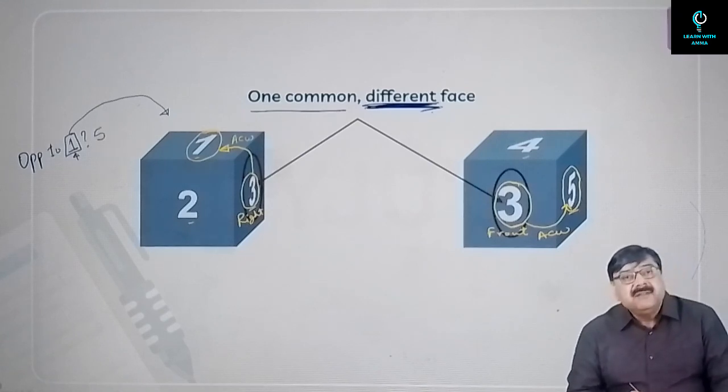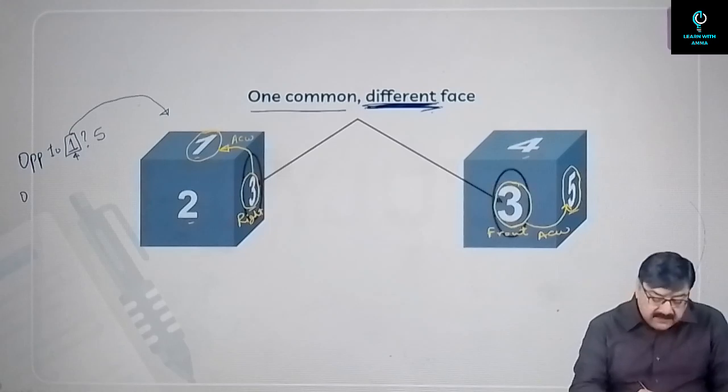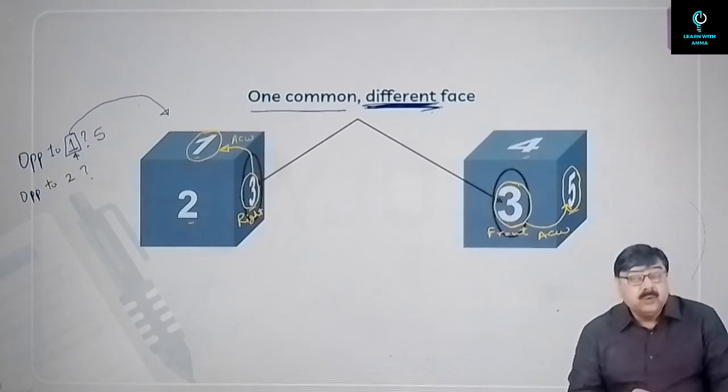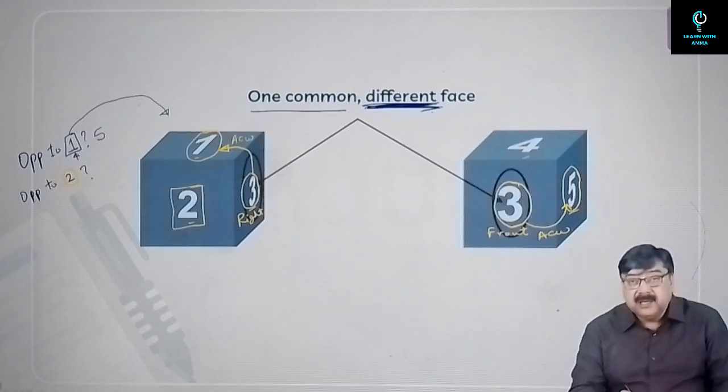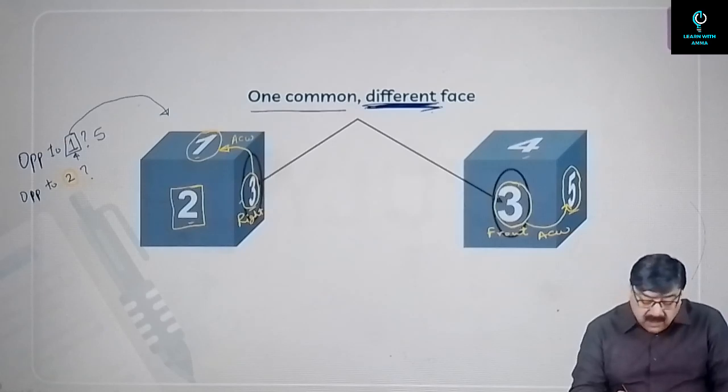So which number is opposite to 1? It is 5. Now similarly, if the question would have been which number is opposite to 2, what should we do? We will go to that diagram which has this number 2 written on it, and that is this diagram. That is the number which is mentioned in the question. So from the common number, go towards this number 2 which is asked in the question and determine the direction of this rotation.